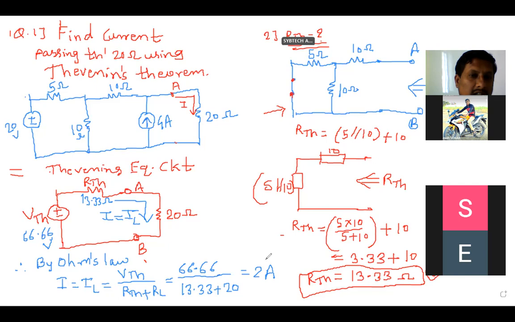After that, classify whether it is type 1 or type 2. If it is type 1, find VTH, RTH, and then IL. If it is type 2, find VTH, then short circuit current ISC, then RTH, and then I or IL.